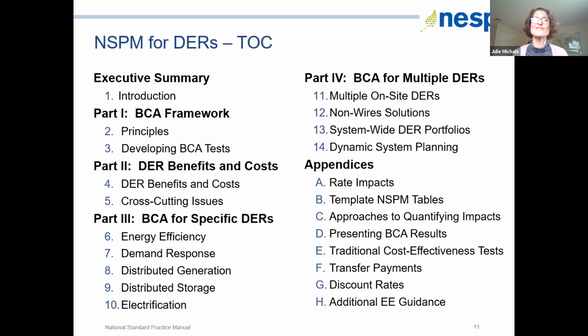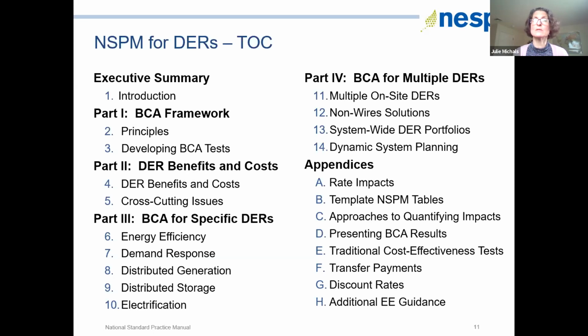And all of this information then builds up to actual application. When you're doing a multi-DER analysis, such as multiple on-site DERs, Chapter 11, that's what Kate's going to get into, where we provide a GEB example. We have a chapter dedicated to non-wire solutions or alternatives. And then Chapter 13 says, okay, what if you have to prioritize across DERs? You have this portfolio.